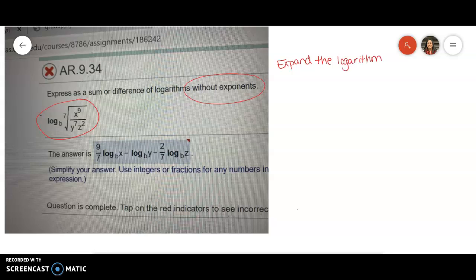In other words, they've given me this logarithm in this condensed way, and I want to expand it, and I want to do so without using any exponents in the final product.